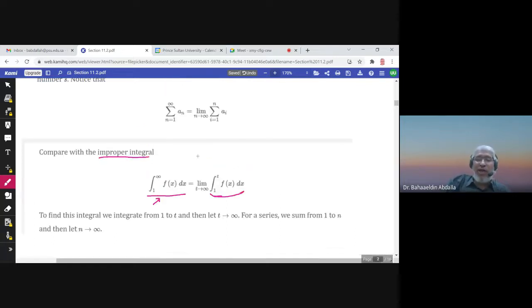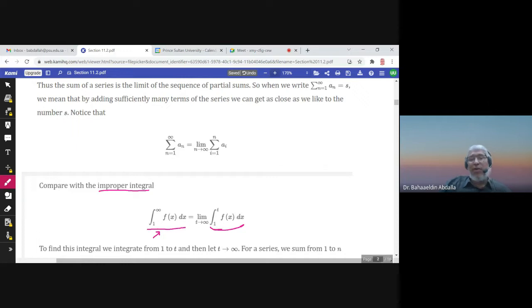So here we have summation of an, where n is from 1 to infinity. This is the series. So we can write it as the limit of the summation ai, i from 1 to n, and we take n to infinity. So this is the same way we deal with the improper integral.